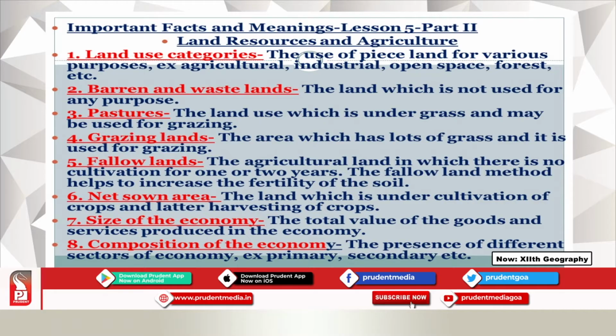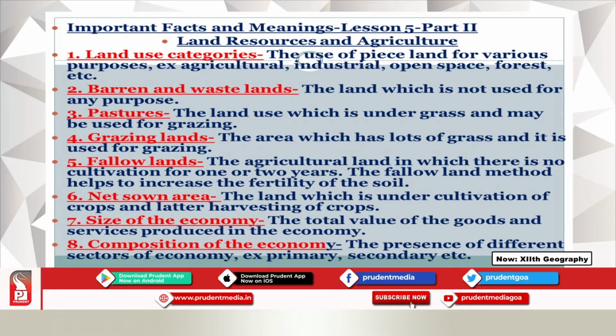The fallow land method helps to increase the fertility of soil. Net sown area: the land which is under cultivation of crops and later the harvesting of crops.